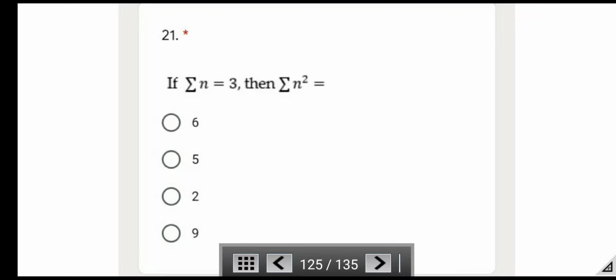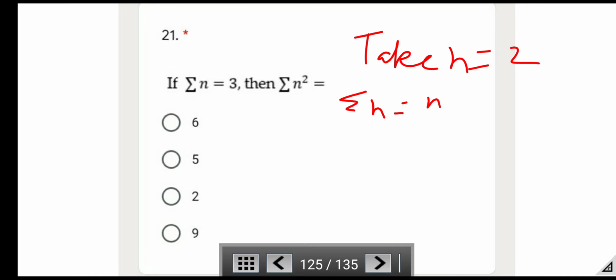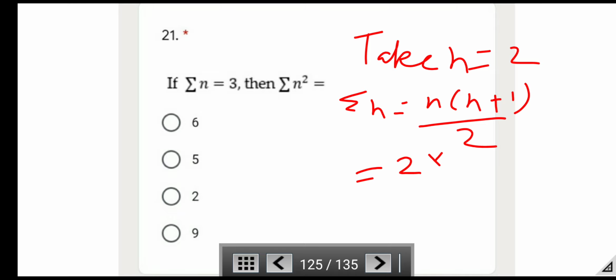Next question. If summation n is equal to 3, then summation n square is. Now by default take n is equal to 2. Now summation n, that is n(n plus 1) divided by 2, now put n is equal to 2 in this equation, we get 3.